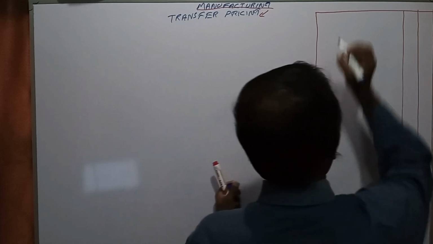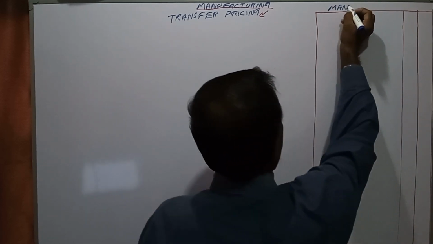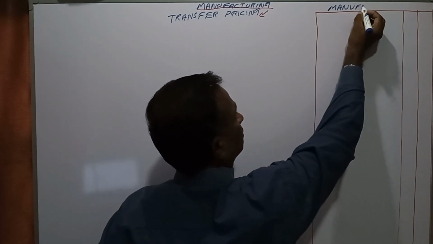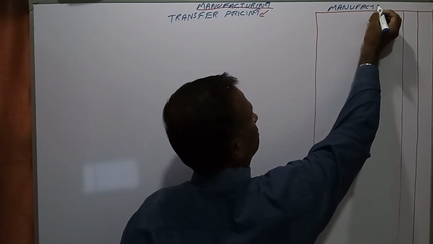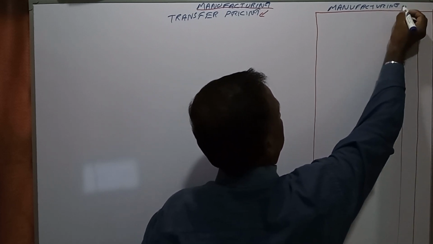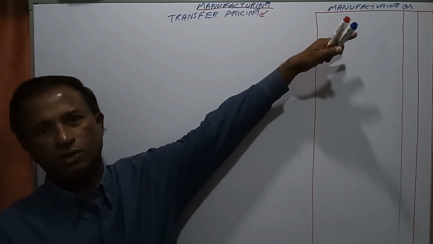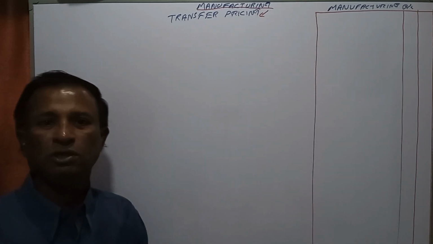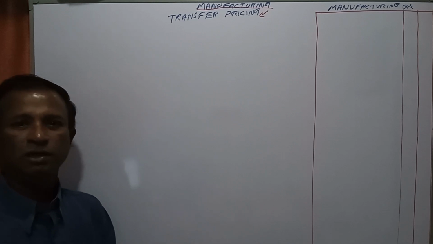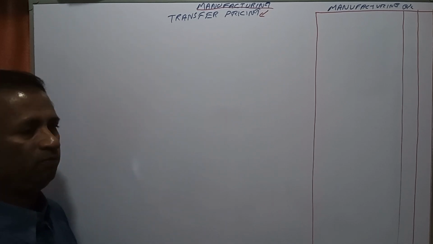This is the manufacturing account. In the manufacturing account, we used to maintain the manufacturing account at cost. Understood? That is what we have done in previous exercises.